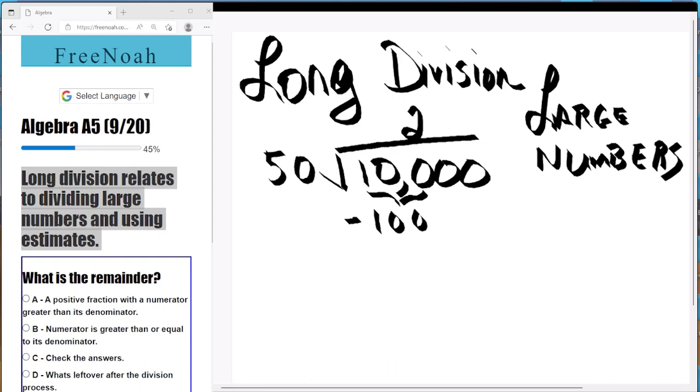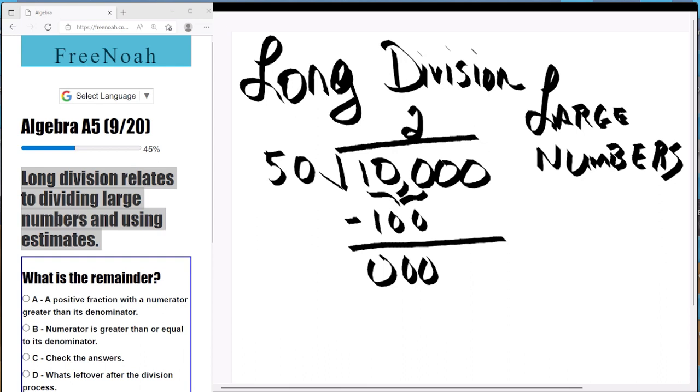Now, we're going to place that 100 right underneath the value that we just attempted to partially break down, okay? And we're going to find the difference. We're going to start subtracting. So 100 minus 100 equals 0, all right?